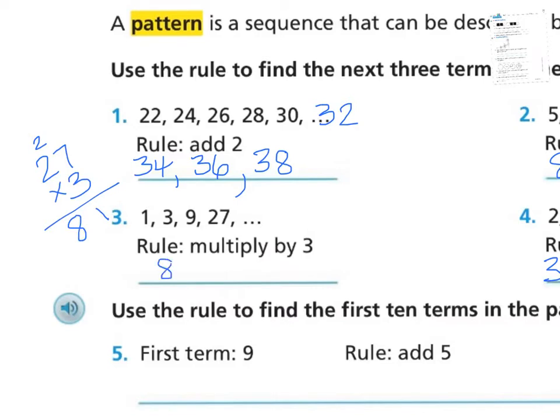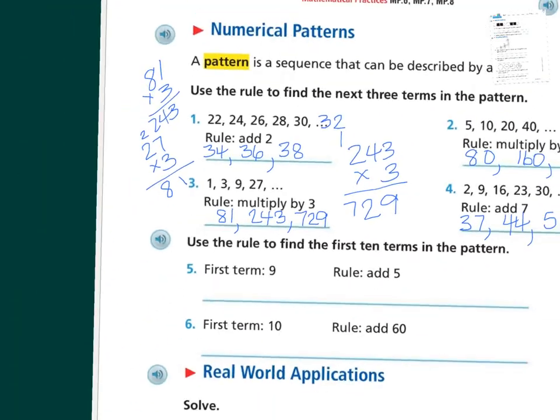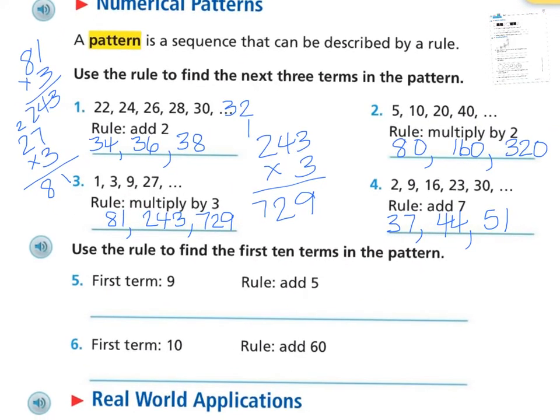So that would be the next one. 81 times 3 is 243. And then 243 times 3 is 729. So as you can see, it's just following that rule and continuing the sequence as you go along.